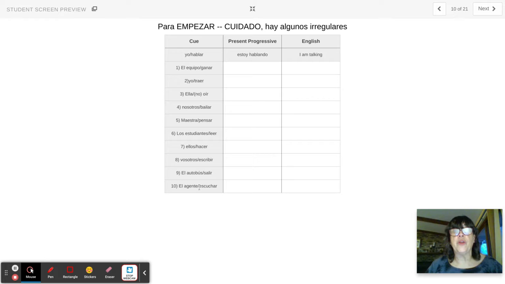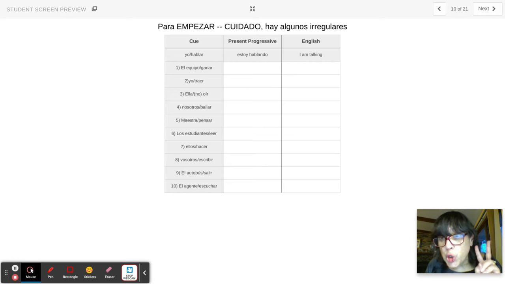Here is a chance for you to practice all of your gerunds, all of your present progressive. Some of them are irregular. Pay attention. Look. Use your brain. Is this the pattern Maestra just taught me? Or is it the old pattern? Hablar is AR. That's really the old pattern. You would add ando to AR verbs. This column needs two words.